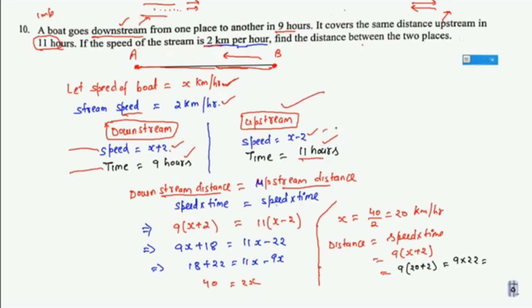Here I have explained downstream speed and upstream speed. This is important question, student. Look carefully.